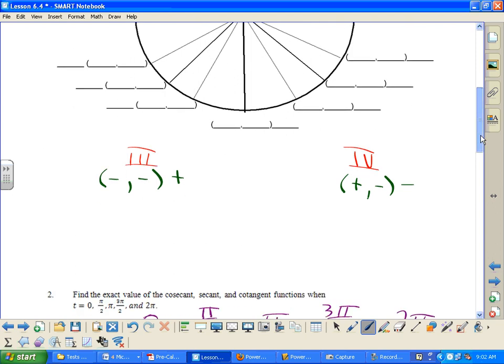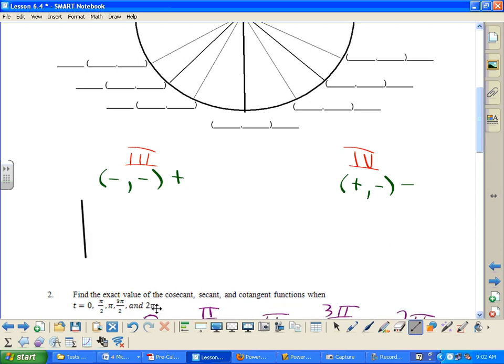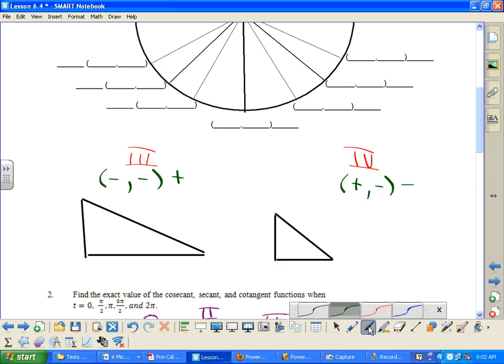Now the other thing is we looked at the other day, you looked at some triangles. We looked at 30, 60, 90, and we looked at 45, 45, 90 right triangles. So we had a 30, 60, 90 right triangle, which was 1, 2, and the square root of 3, right?